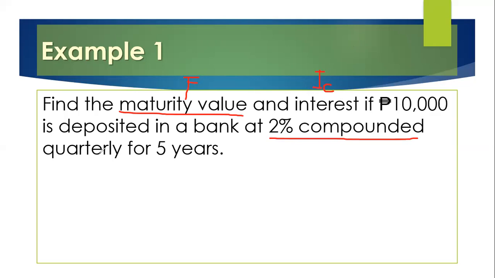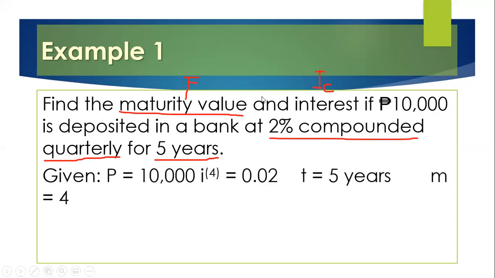So 2% compounded quarterly. Tapos meron tayong given na 5 years. So ano-ano kaya tong mga given na to? So sulat natin. So, mahalaga na sinusulat yung given para hindi tayo malito kung saan natin isa-substitute. So first, we have the principal amount which is the 10,000 pesos i-invest natin.